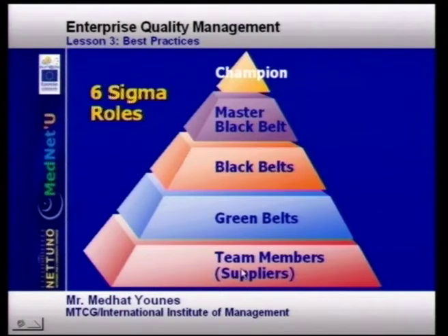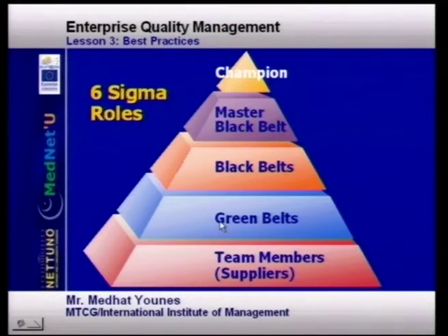Six Sigma roles. The system implementation project of Six Sigma consists of 5 roles at 5 levels. The roles, or the levels, are team members, green belts, black belts, master black belts, and champion. The team members participate on the project and support its goals.